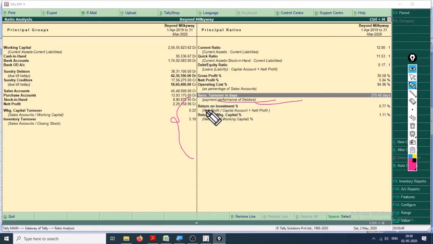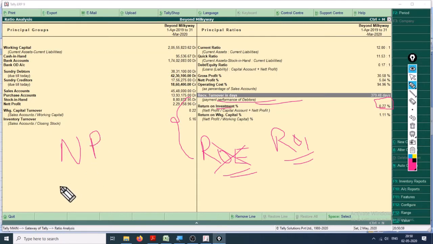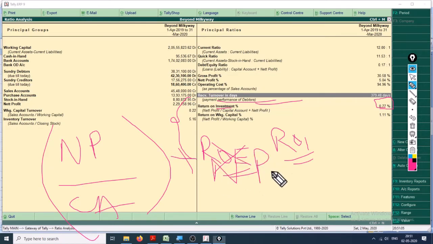Okay, return on investment, ROI. It is also one of the most important ratios after ROE. And how do you calculate ROI? ROI is calculated as net profit upon capital account plus net profit. Looks like it.